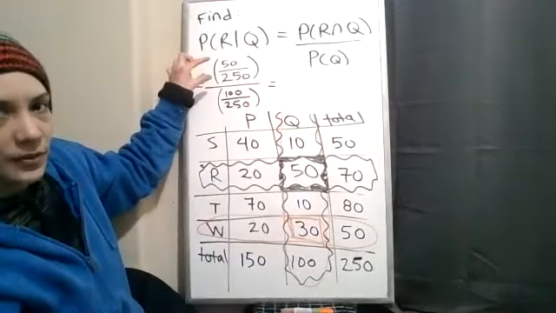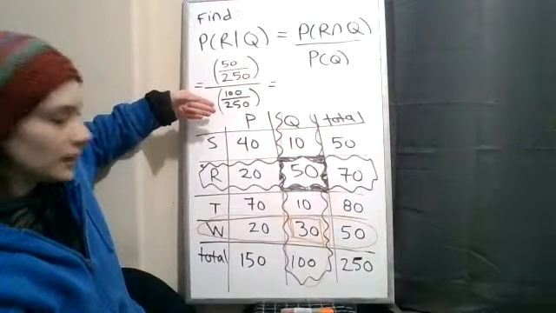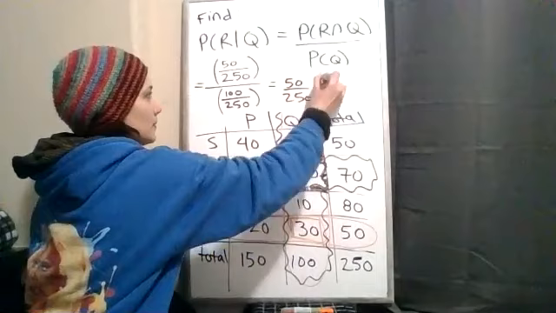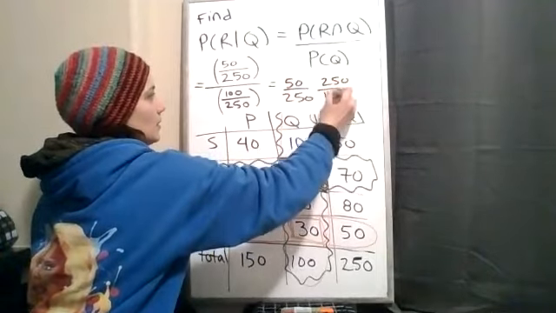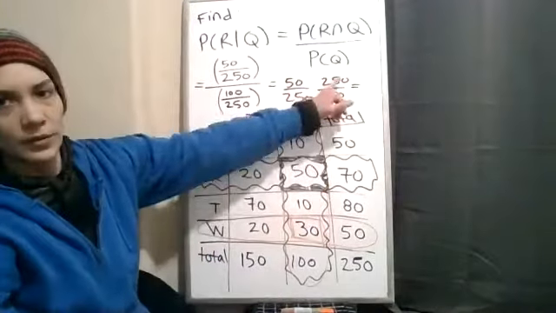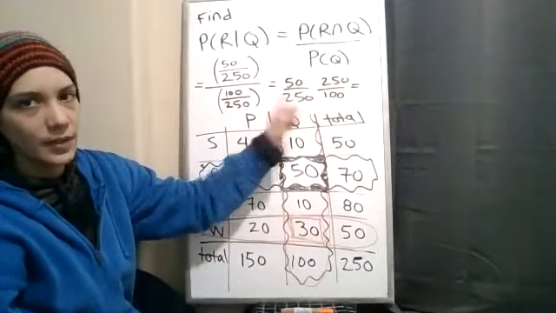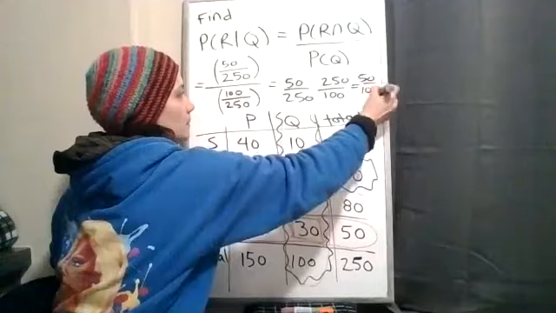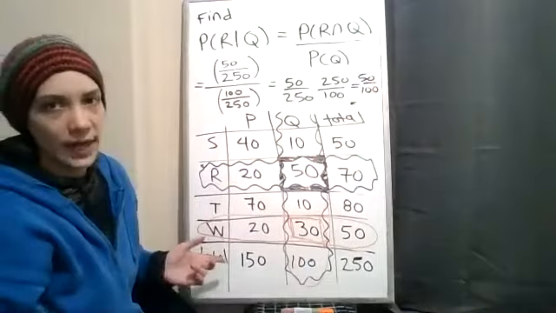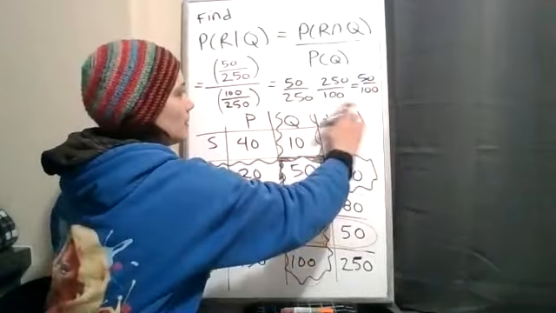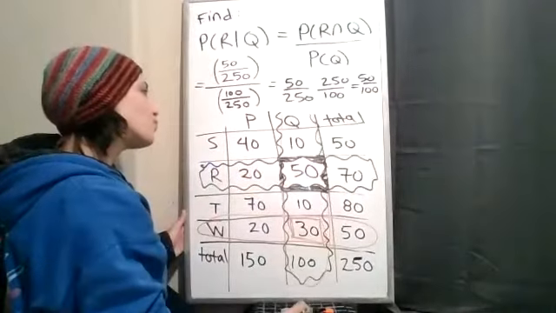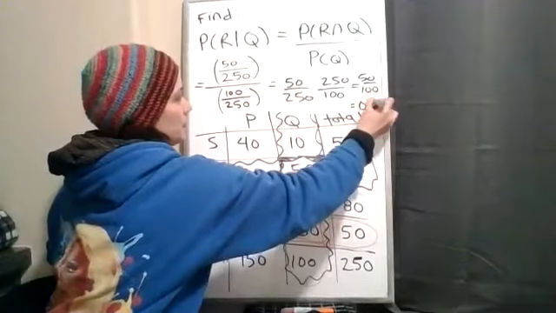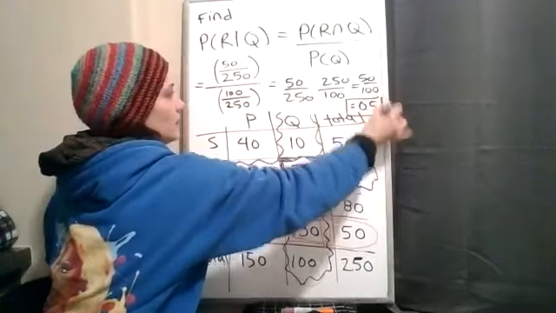Okay. 50 over 250, multiply by 250 over 100. So that 250 over 250 reduces to 1. 50 over 100 is left over, which is like 1/2.